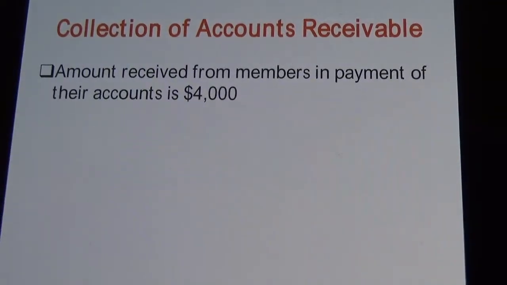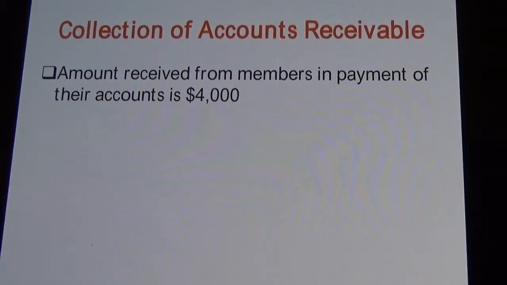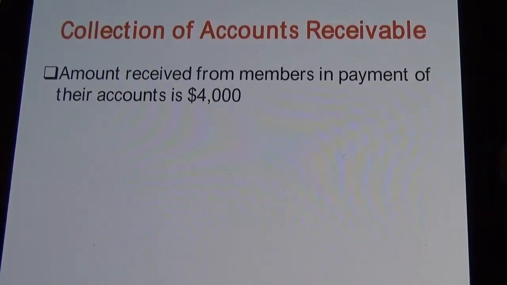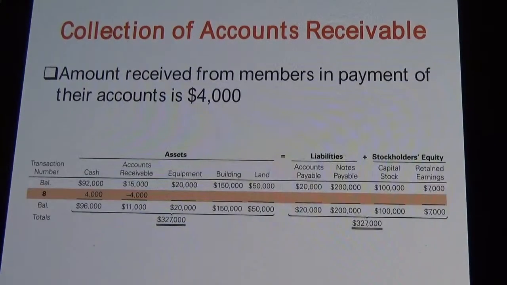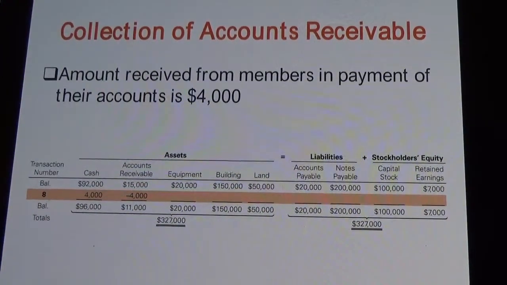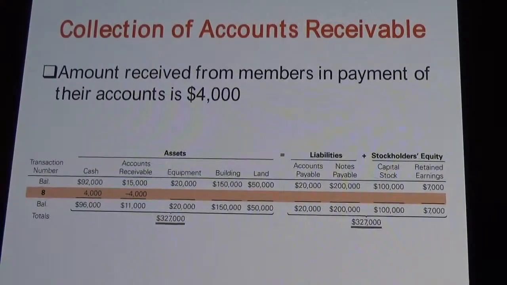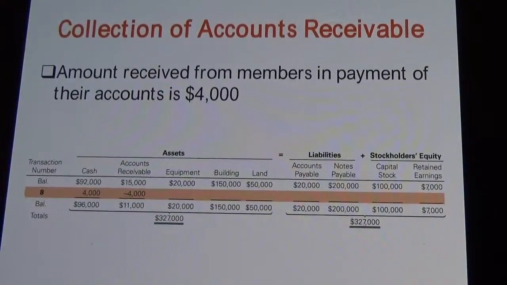When we collect accounts receivable, we are receiving cash from our customers, and so therefore we're going to increase our cash account on the left side of the equation. And in this case, we already recorded the revenue associated with these members.